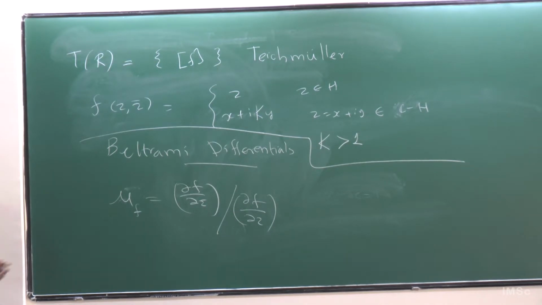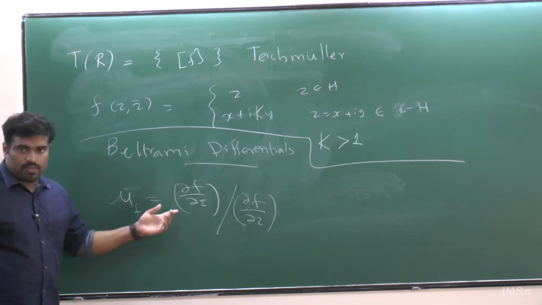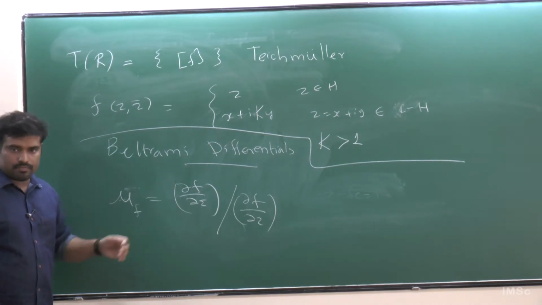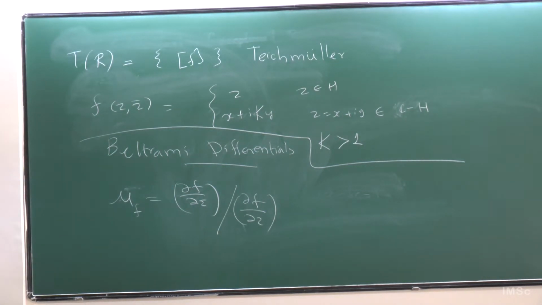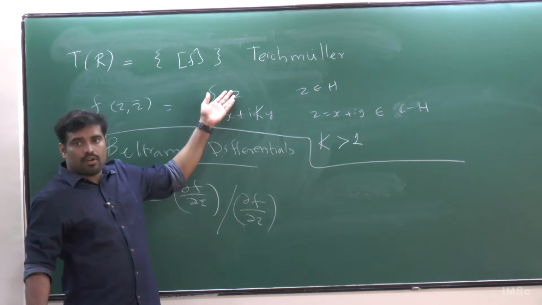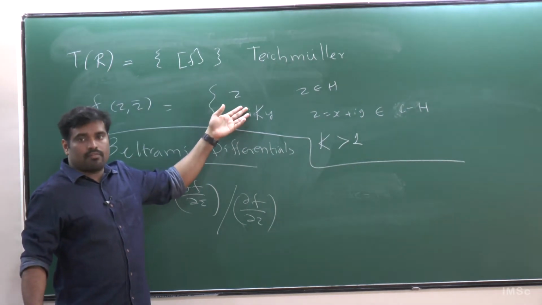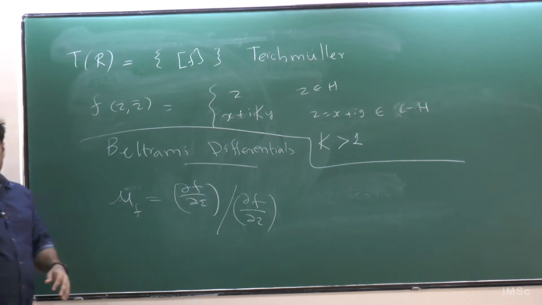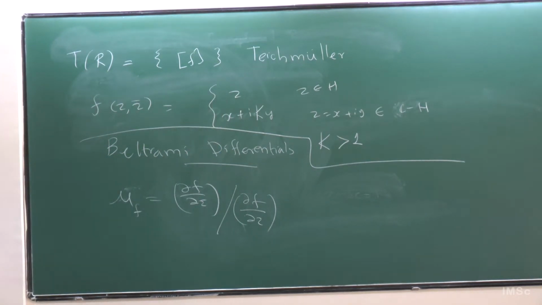If the transformation f is a conformal transformation, the Beltrami differential is 0. So that's the statement. Now the Beltrami differential can be discontinuous. Here you have 0 on the upper half plane and some finite value on the lower half plane. So that's fine. Those kinds of discontinuous things are allowed.